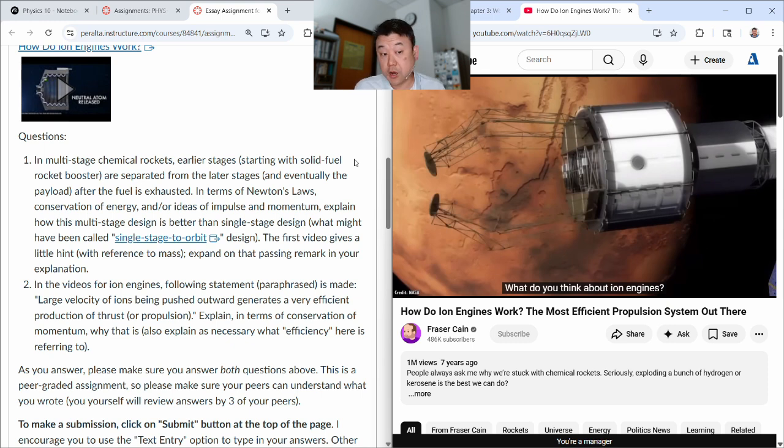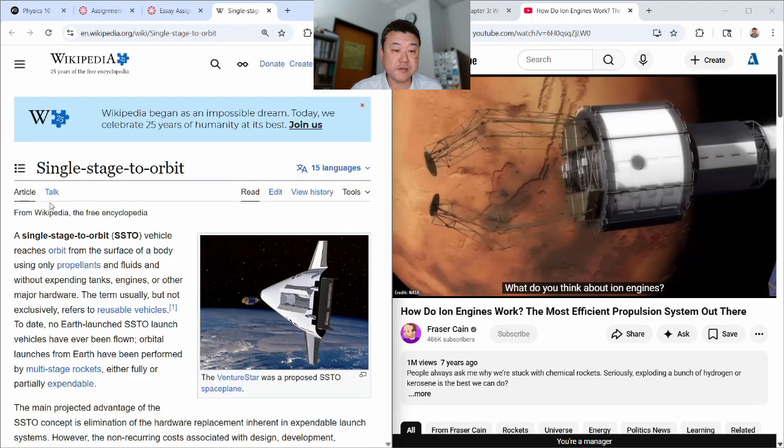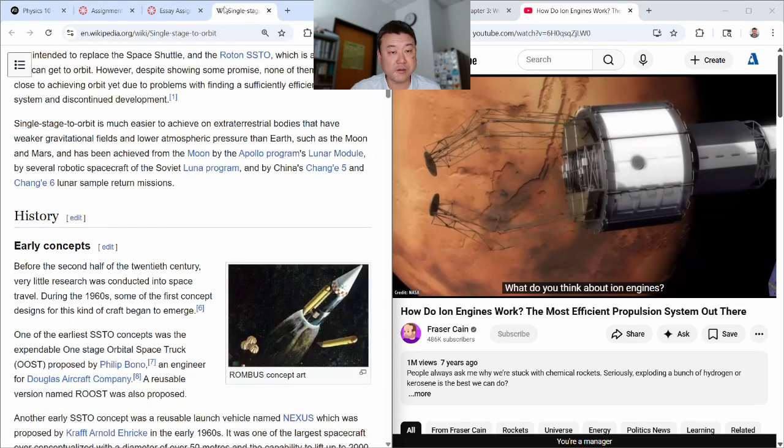In terms of Newton's laws, conservation of energy and/or ideas of impulse and momentum, explain how this multi-stage design is better than a single-stage design, what might have been called single-stage to orbit design. I think this is a link to probably Wikipedia. For single-stage to orbit design, there's a whole article that you can read.